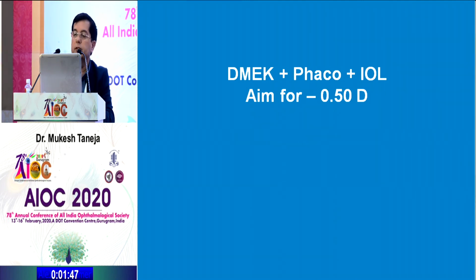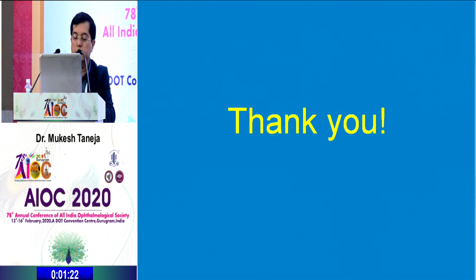In a situation where you're doing a DMEK rather than a DSEK or a PK, you will be aiming for a myopia of about minus 0.5 diopters, because here you're only transplanting the Descemet's membrane. So the tissue which is added is much less, and the refractive power which is changed is very minor. So you just aim for a minus 0.5 diopter myopia. That would be all from my side. If you have any questions, I will be happy to answer.